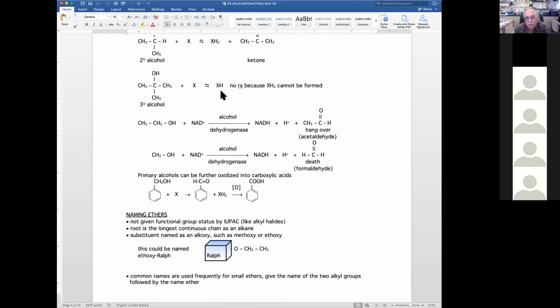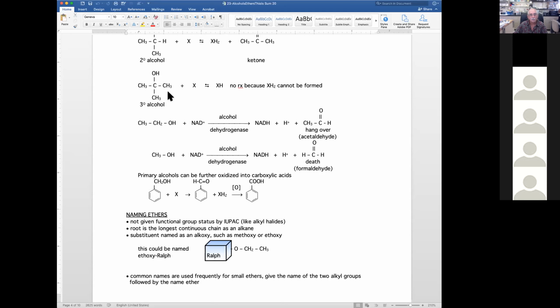So the whole thing just simply won't happen. So why am I not taking a hydrogen from here? What do we know about hydrocarbons? They're non-polar, the electrons are shared equally, therefore all the atoms are happy and not reactive. Okay. So you can't oxidize a tertiary alcohol.